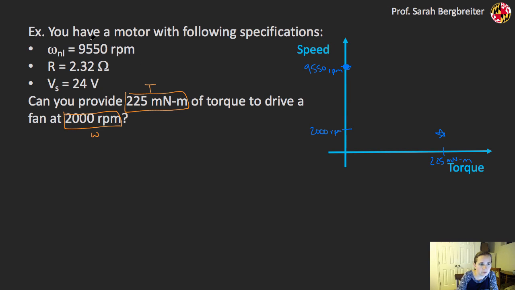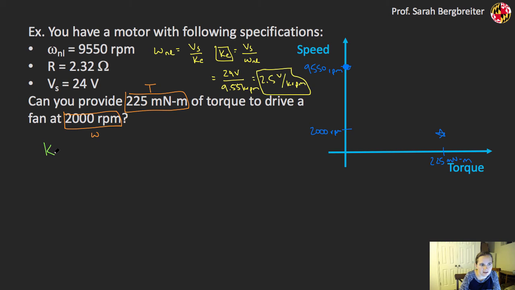I have been given my no-load speed and my supply voltage, and what you may remember is that no-load speed is equal to Vs over Ke. So using that, I can find that Ke is equal to Vs over my no-load speed. In this case, it's 24 volts divided by 9.55 kilo RPM, which gives me approximately 2.5 volts per kilo RPM.